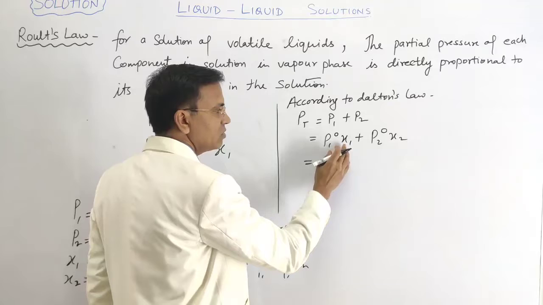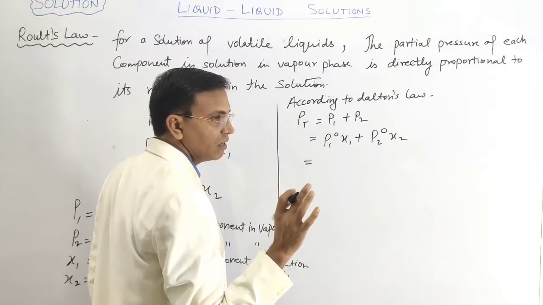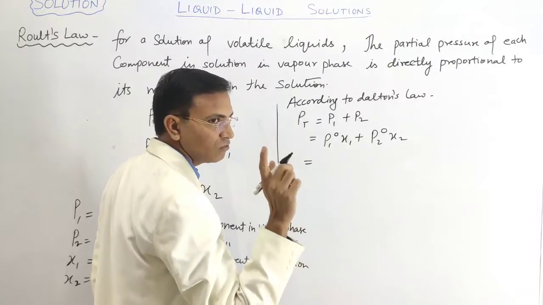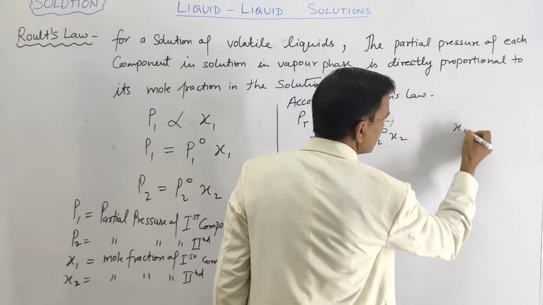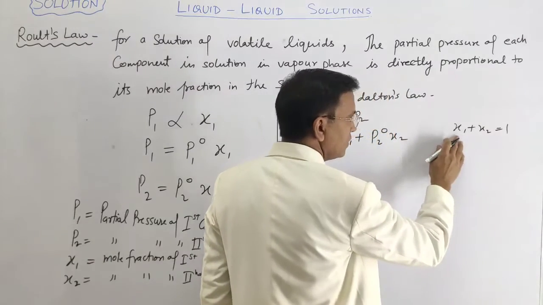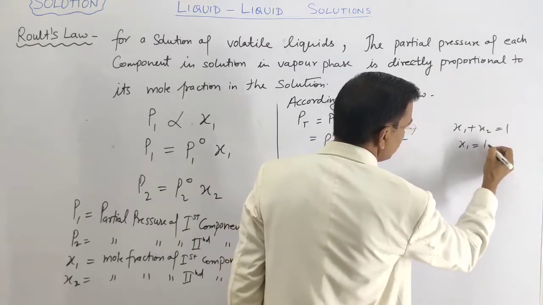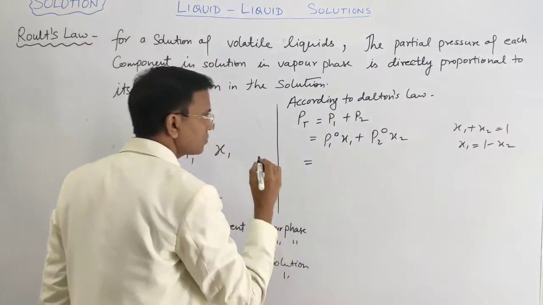Here you may replace this mole fraction, because the total mole fraction taken in the solution is 1. So it is x1 plus x2 is equal to 1. So you may replace x1 as well as x2. So x1 is equal to 1 minus x2.